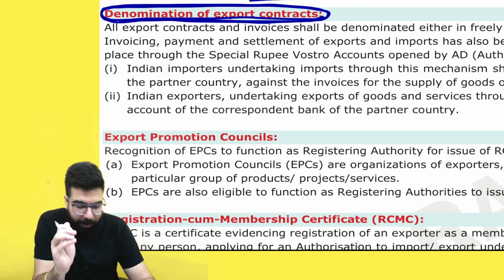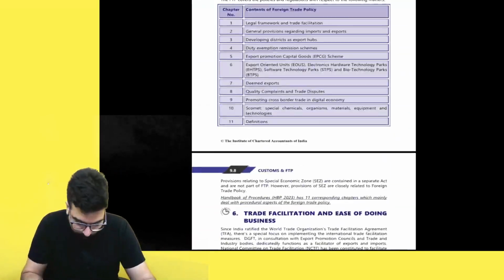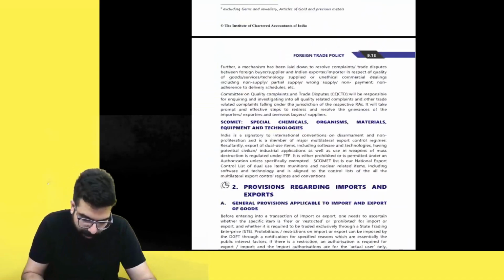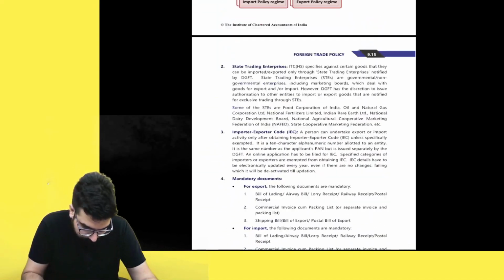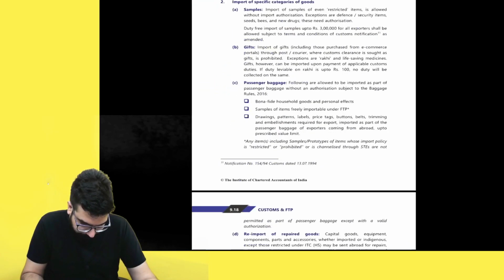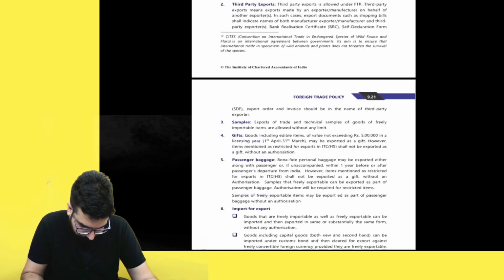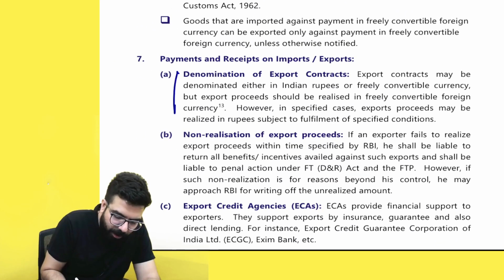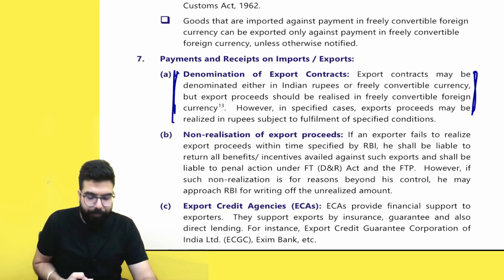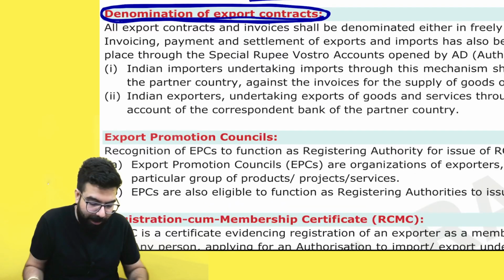But this time, in the foreign trade policy document which has been issued by the DGFT, they have provided just a two-liner point about it. Here, denomination of export contracts, they have provided just 2 lines. So I'll quickly explain it to you.